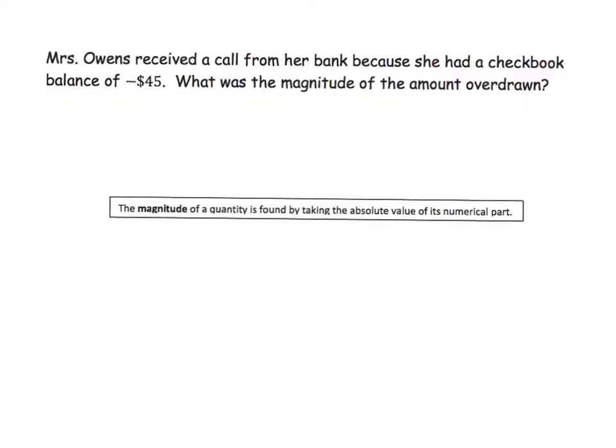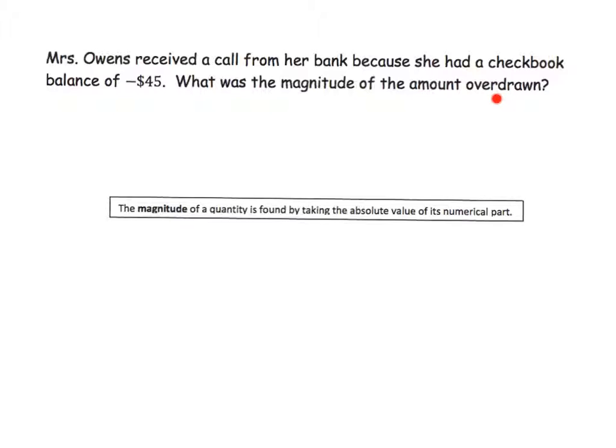So there's another word, magnitude, that you might see in math problems, and it just means the quantity found by taking the absolute value of the numerical part. So if Mrs. Owens received a call that her bank checkbook balance was -45, what is the magnitude of the amount overdrawn?